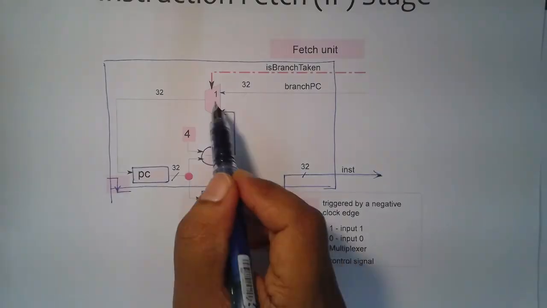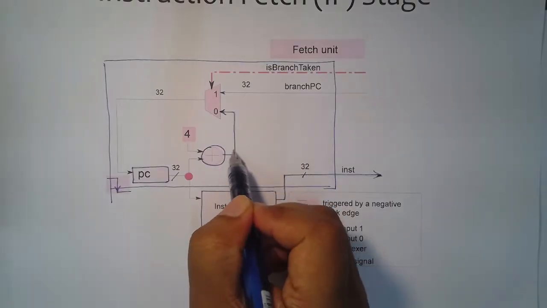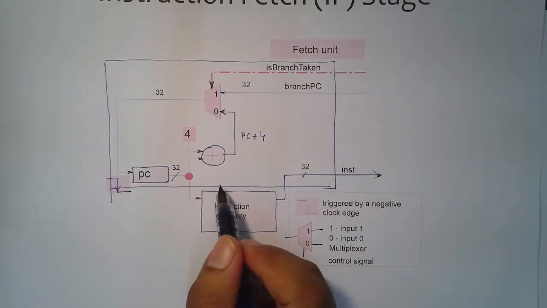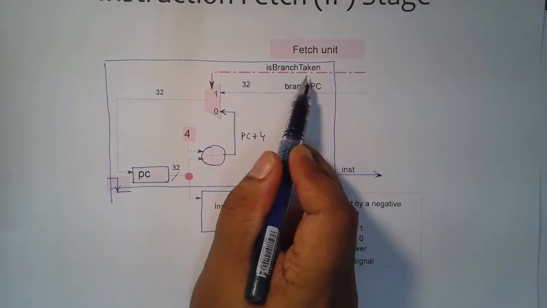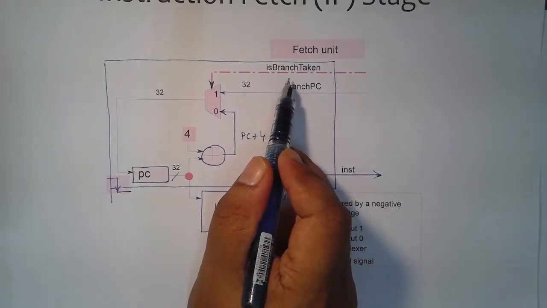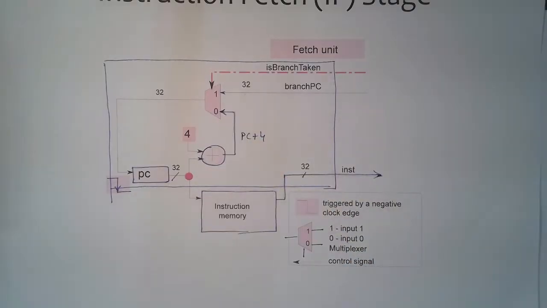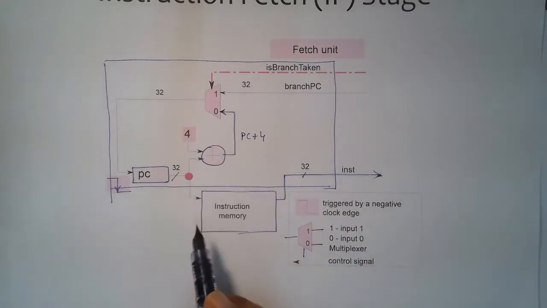Basically it has a multiplexer, and the inputs to the multiplexer are either PC plus 4, or a branch target, and depending on the outcome of this control signal, whether the branch is taken or not taken, you select the appropriate output from this mux. All right. I hope this makes sense.